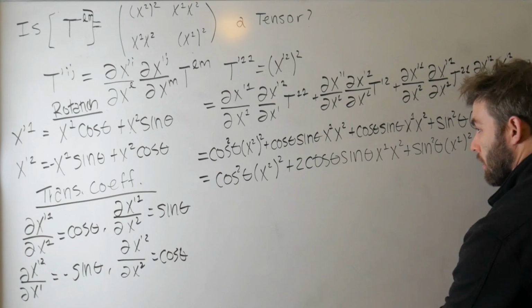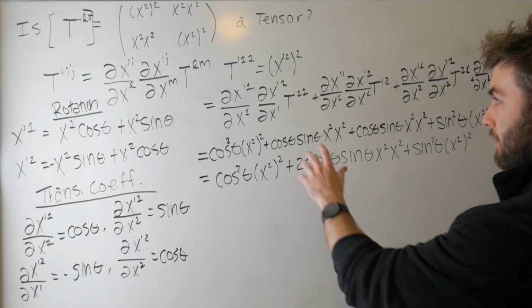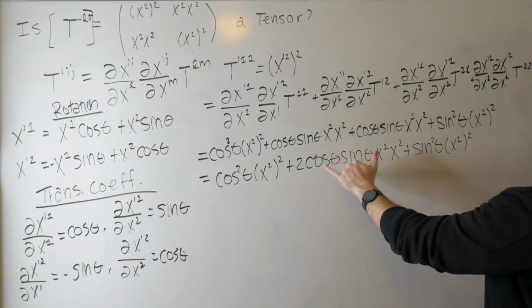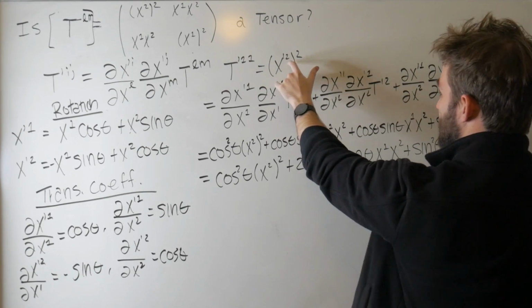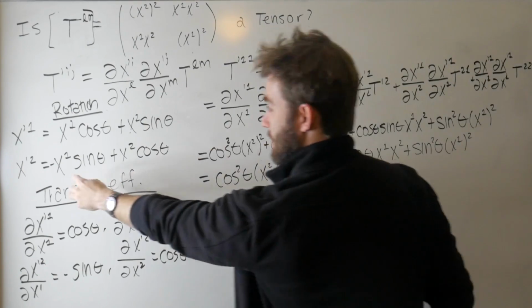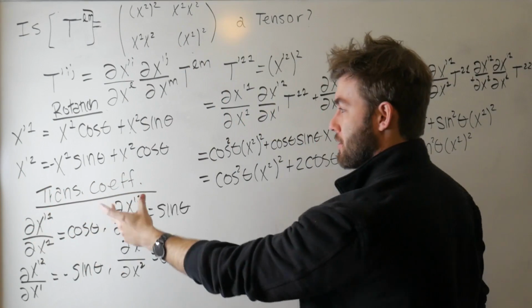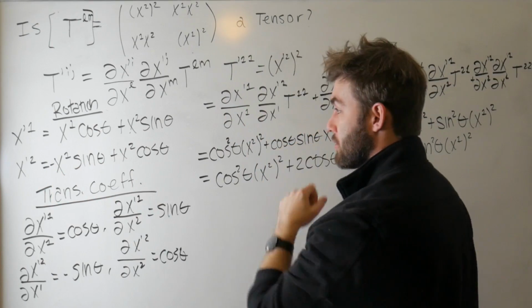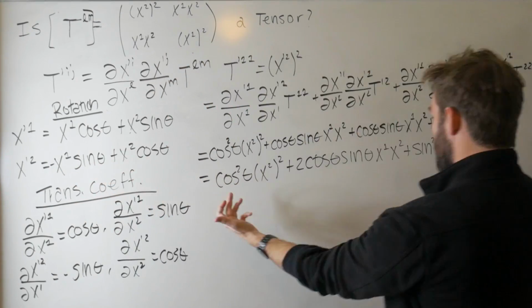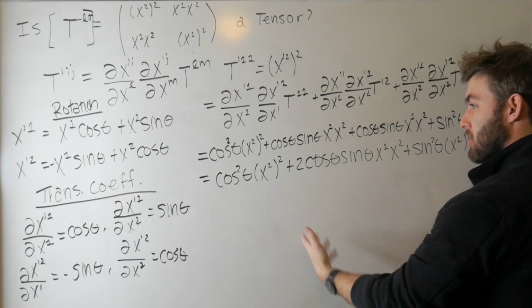Okay. Well, for these components, if this component really does transform as a tensor, there should be a way of showing that this is equal to x prime 2 squared. And we know what this is. We already have x prime 2 right here. This is just the transformation from unprimed to primed. So if we square this, we should just see if the square of this equation is equal to what we have here. So let's go ahead and do that.